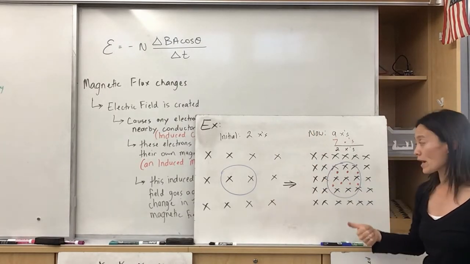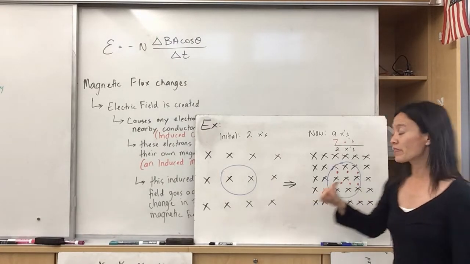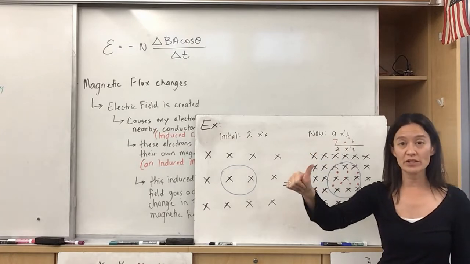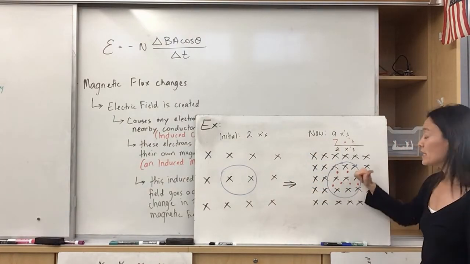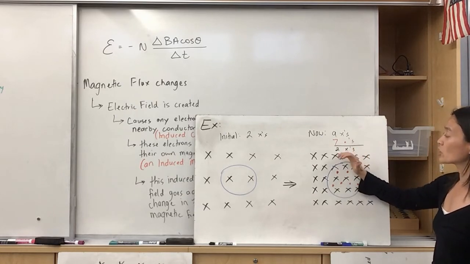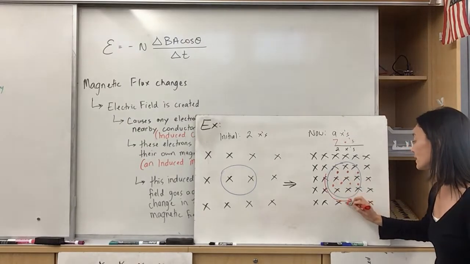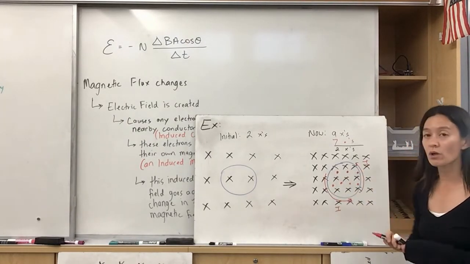So if we do it that way, for my induced magnetic field, my magnetic field is coming out, like so these are my new field lines that I created. If they're coming out of the board, then the current that's got to create that has to go counterclockwise. The current that's creating this new magnetic field has to go counterclockwise.